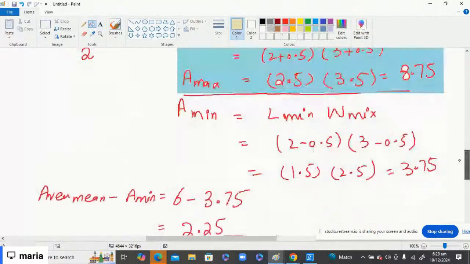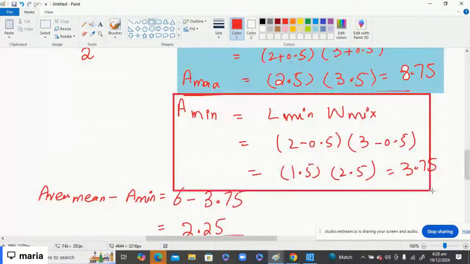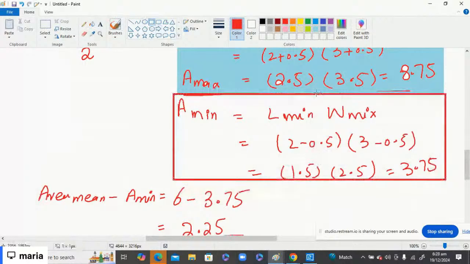Then in the third step we find the area minimum.